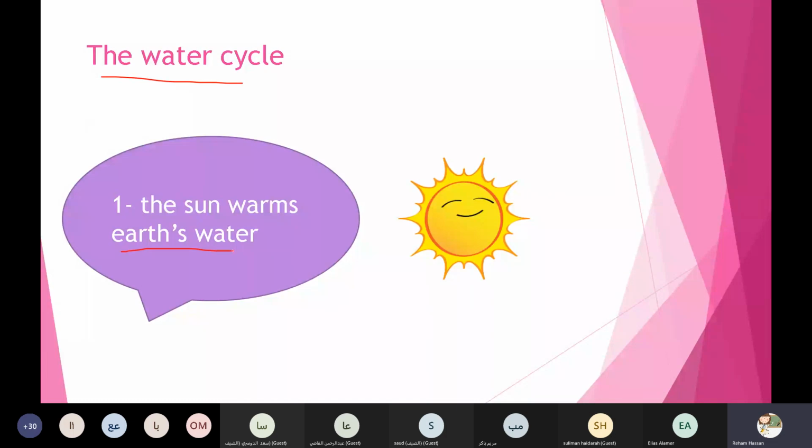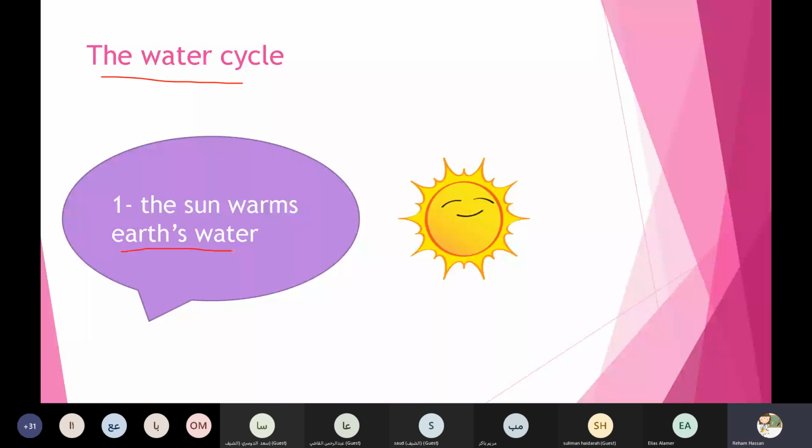Yes, Muhammad. The sun warms the earth water. Yes, Abdullah, wait, honey. So the sun warms the earth water. Amazing, honey. Thanks a lot. Okay.